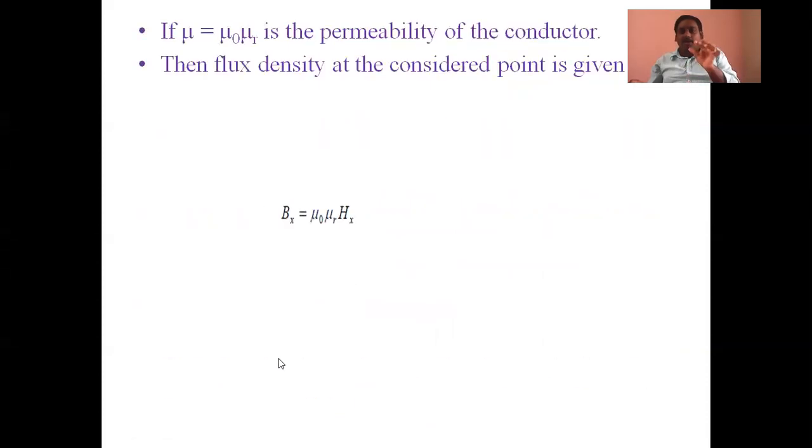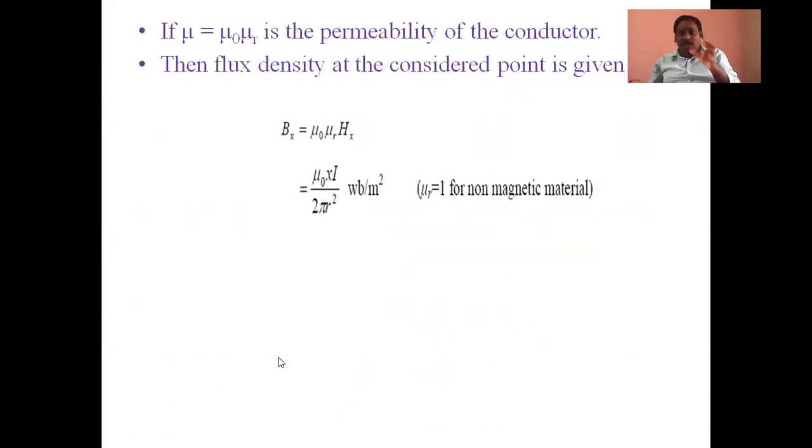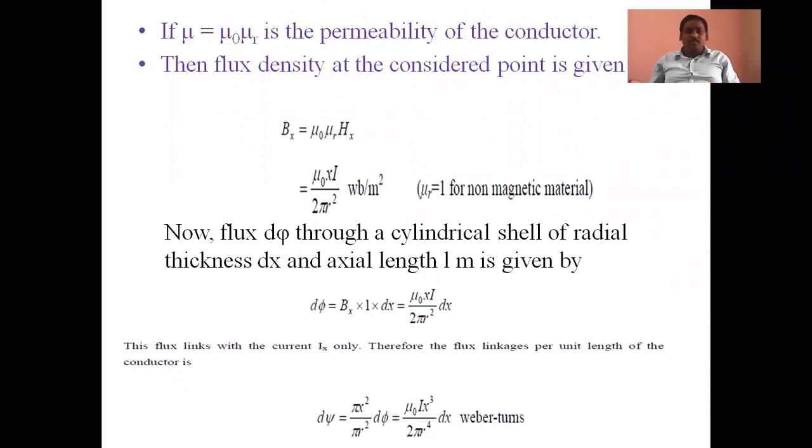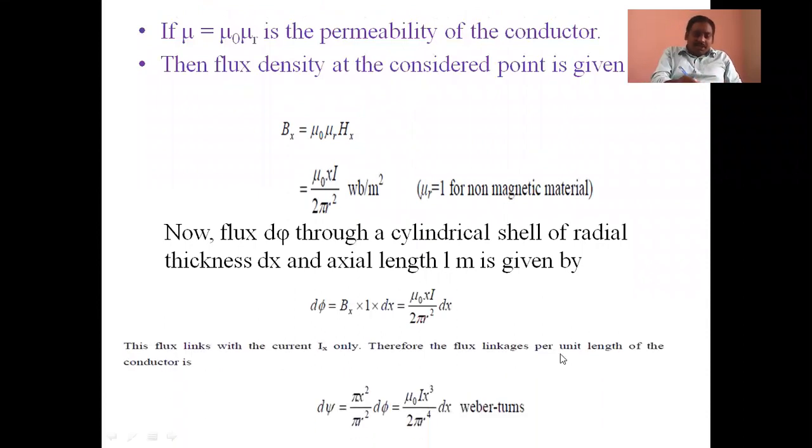In the same manner, the differential terms in the total terms are equal to: dψ = πx² by πr². πr² means the total number of turns of a conductor over the total radius, and πx² means the total turns of a conductor over the differential radius.